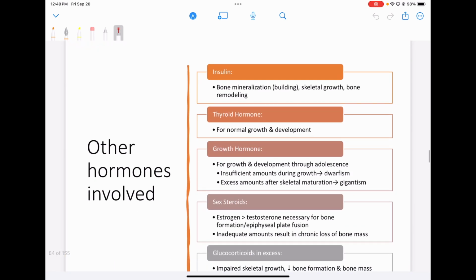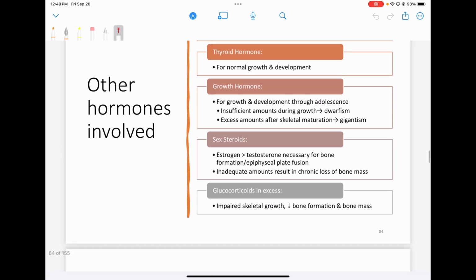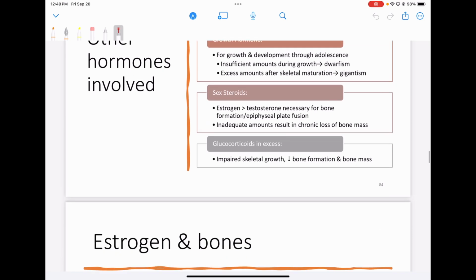Other hormones involved with bones: insulin is there for skeletal growth. Thyroid hormone obviously is very important. Growth hormone, your sex steroids, and glucocorticoids, okay? People who have rheumatoid arthritis, we talked about that yesterday. The long-term treatment for rheumatoid arthritis is giving them steroids, giving them cortisol, or some form of that every day.